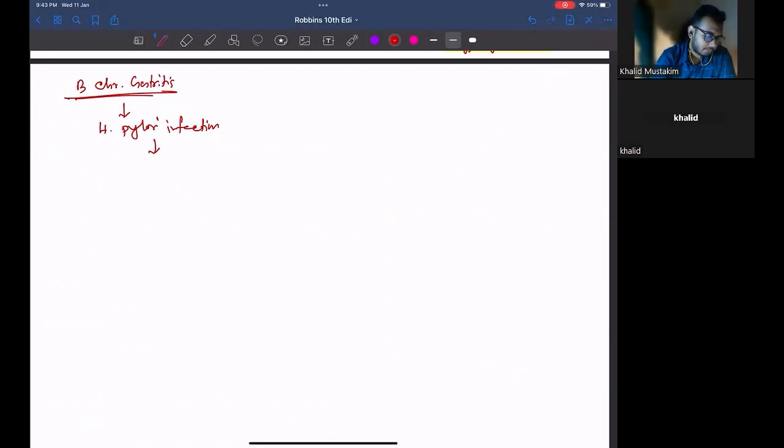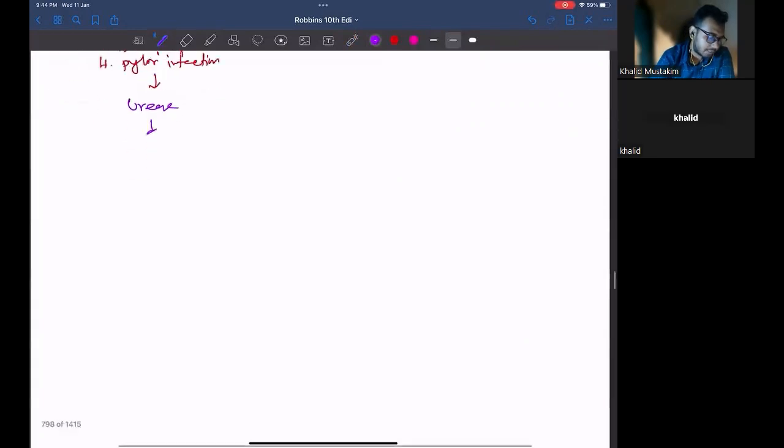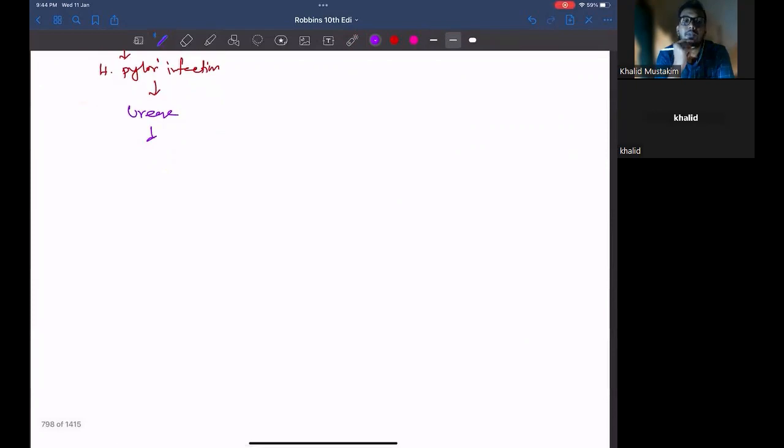This H. pylori releases an enzyme, and we can tell it in microbiological language, that H. pylori has some virulence factors. But out of those 4 or 5 virulence factors, the important and toxic virulence factor is an enzyme, and the name of that enzyme is urease. And the urease releases some toxic metabolites. And what are those toxic metabolites?